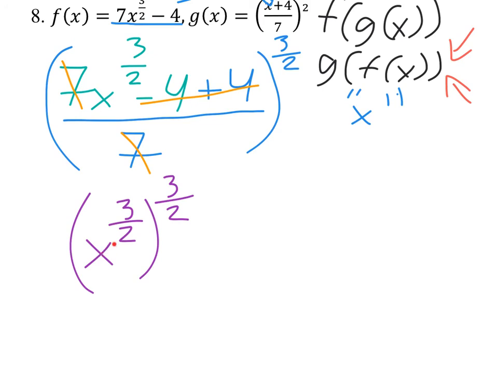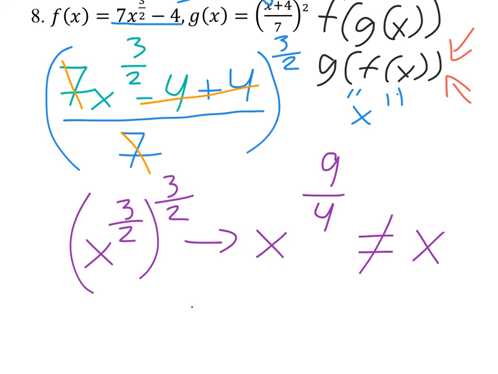So x to the 3 over 2 to the 3 over 2 is the same as x to the 9 over 4. X to the 9 over 4 does not equal x. So here in number 8, these two are not inverses.